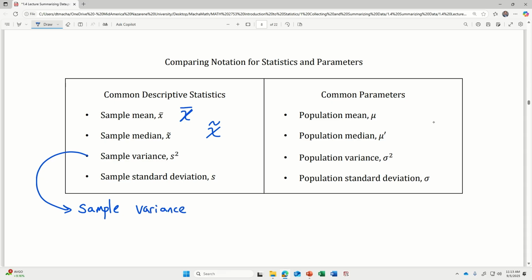We'll introduce this in a minute, but this is a common one. We're going to use a lowercase s squared, and then the sample standard deviation is just going to be a lowercase s.